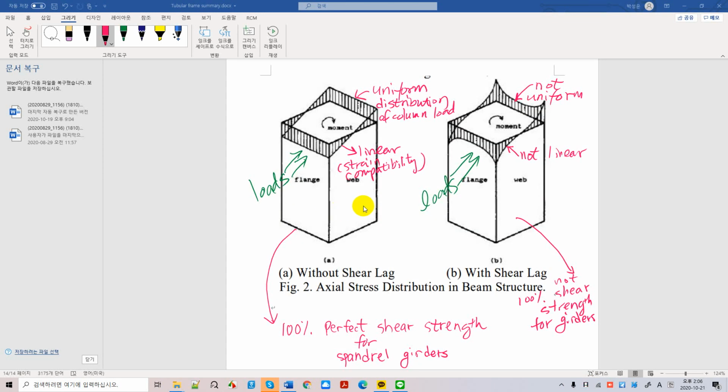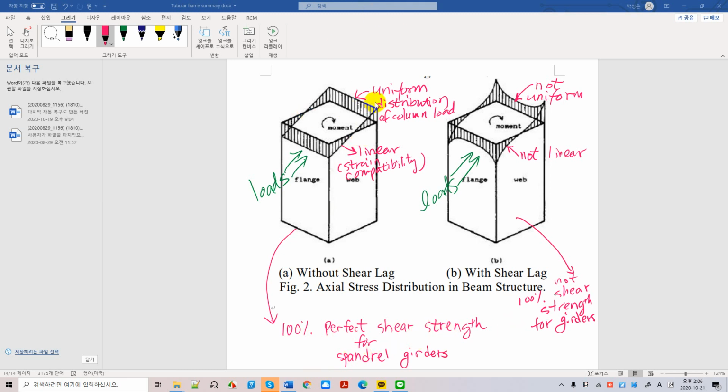Okay, let's review design of tall building structures using tubular frames. Here we have two cases of tubular frames in which we have 100% perfect shear strength for spandrel girders.